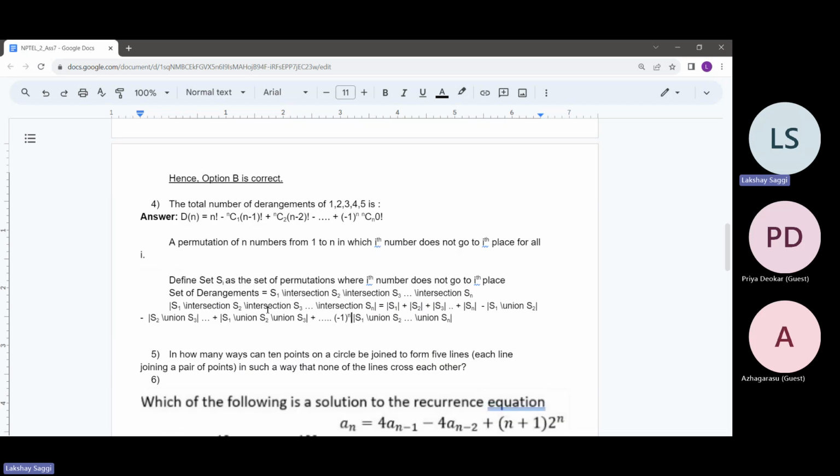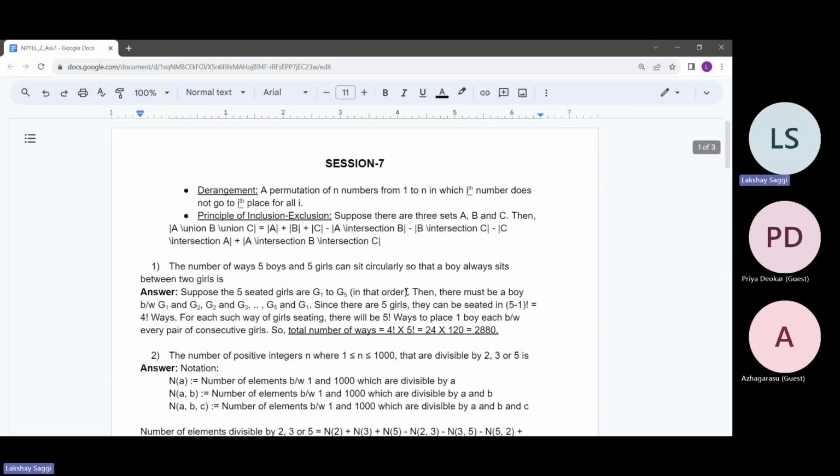And why will this formula be there? Maybe we can get a high-level intuition for this. This is nothing but the principle of inclusion-exclusion and nothing else.